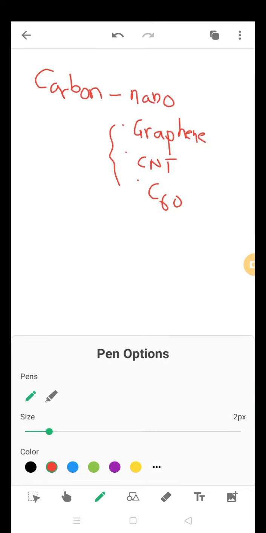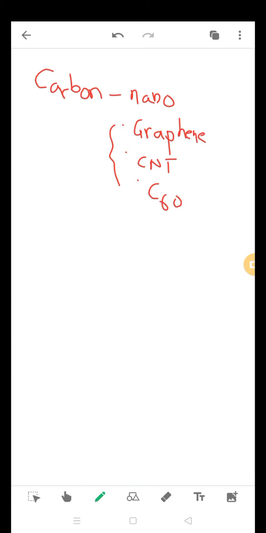Now, you might have all learned previously in your school and university college days that carbon has got different forms of allotropes.